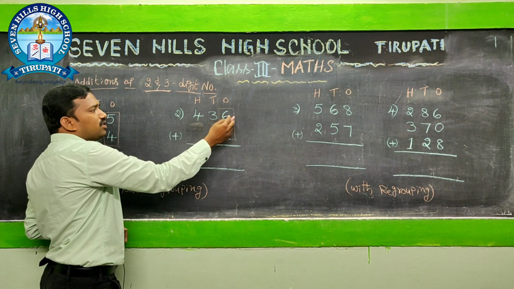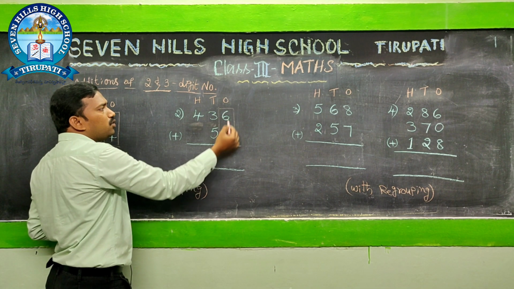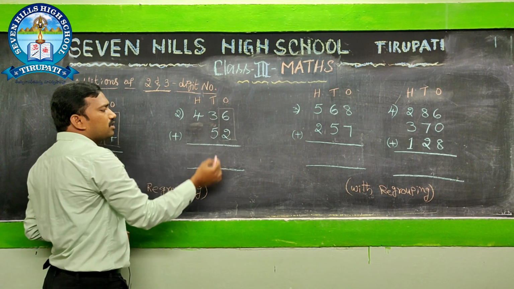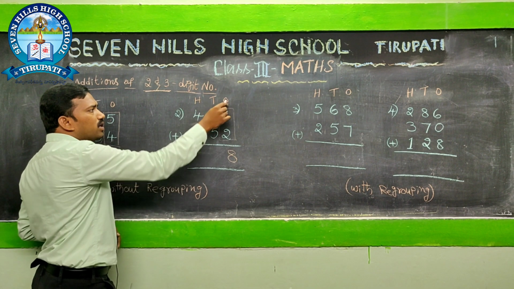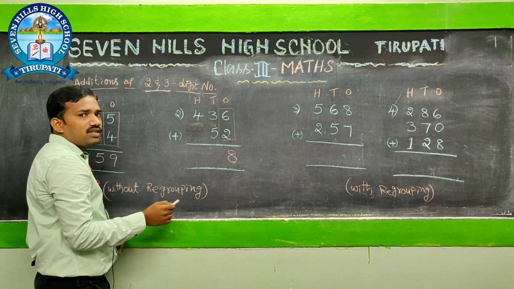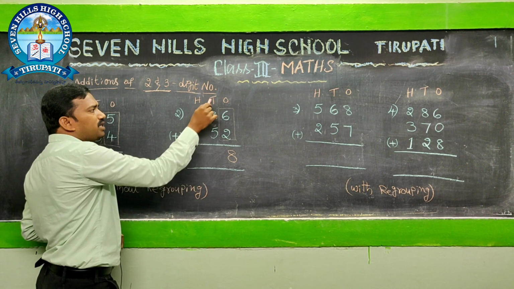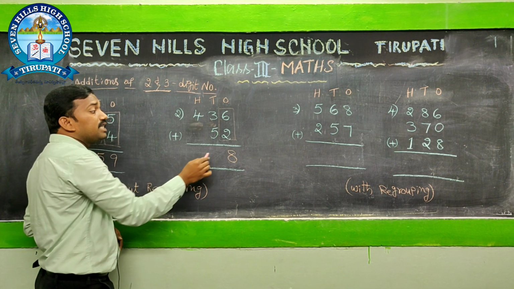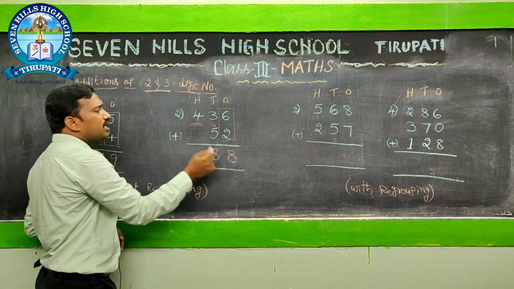Okay, first in the ones column, 6 ones is there and 2 ones is there. 6 ones plus 2 ones becomes 8 ones. After that the tens column, 3 tens plus 5 tens. How much? 8 tens. 3 tens plus 5 tens becomes 8 tens.